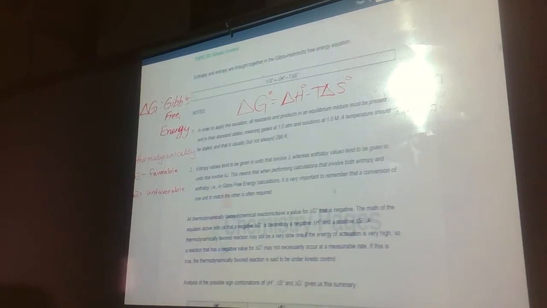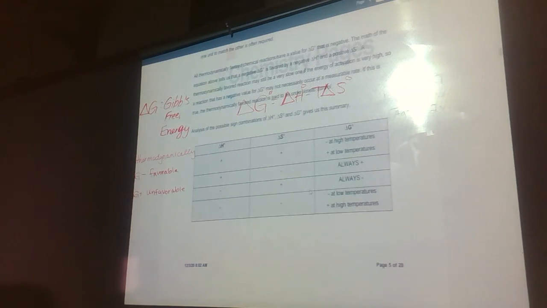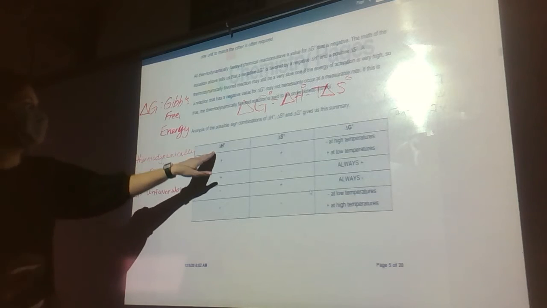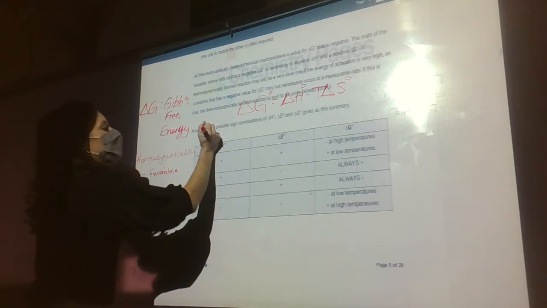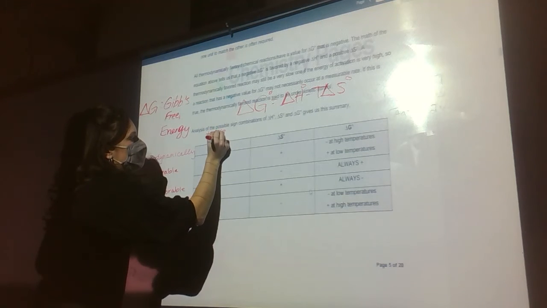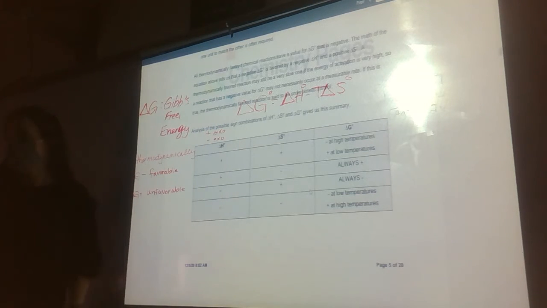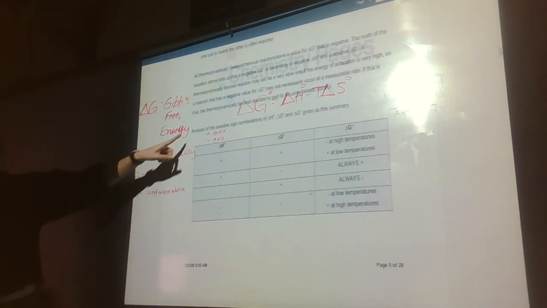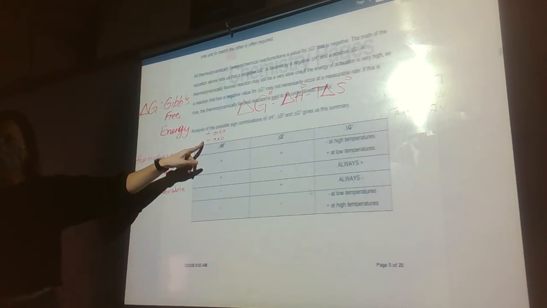Okay, let's look at this table. All right, so remember, enthalpy, delta H. Positive means endothermic, negative means exothermic. Energy required, energy released.